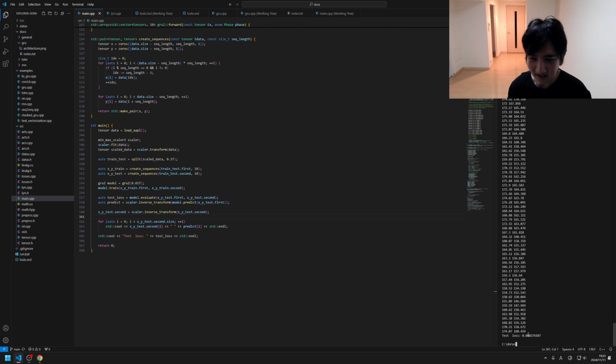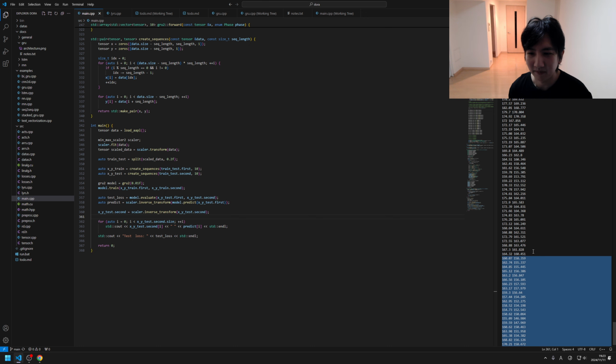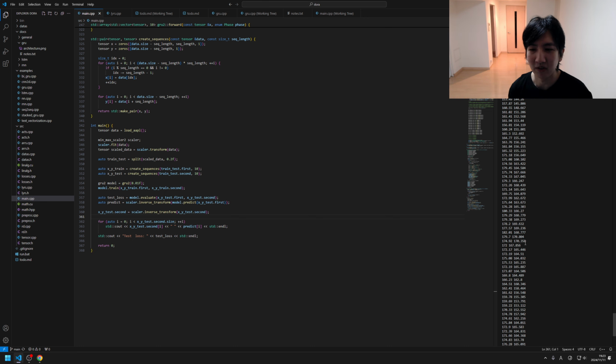And this is the test loss. The numbers on the left are the true values, and on the right is what the model has predicted. So more or less the values are kind of close, right?